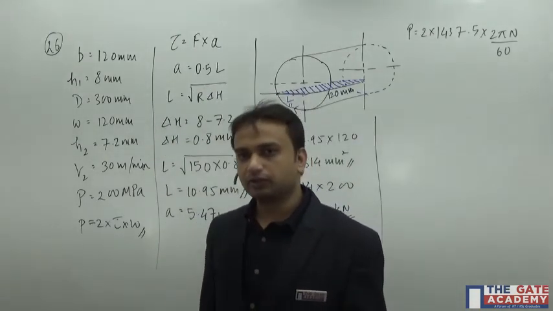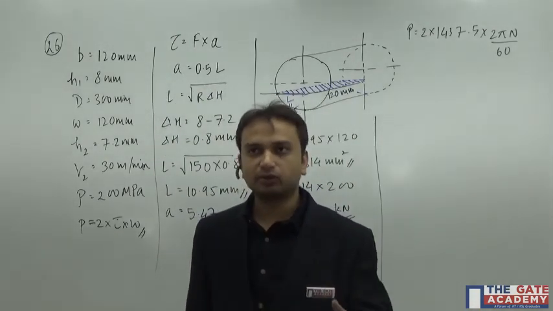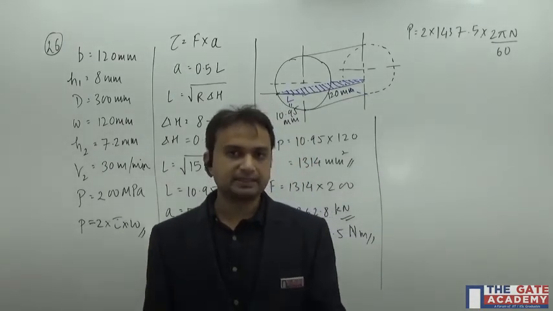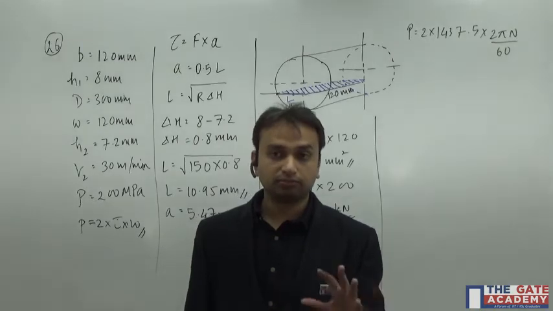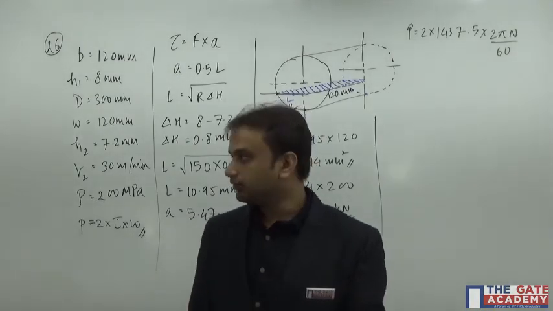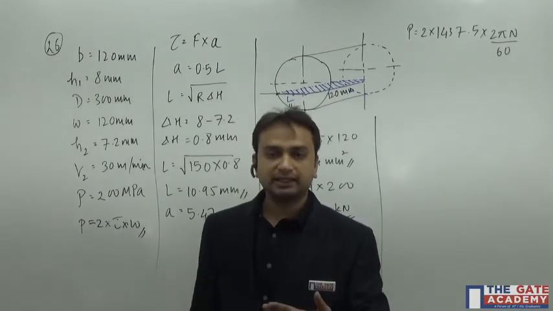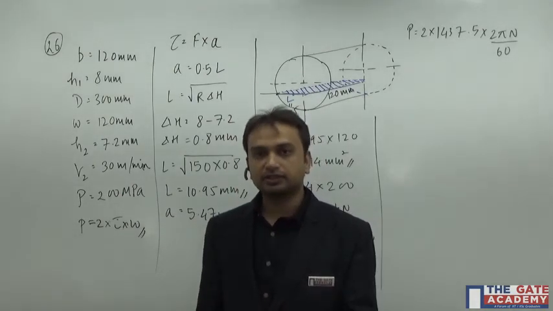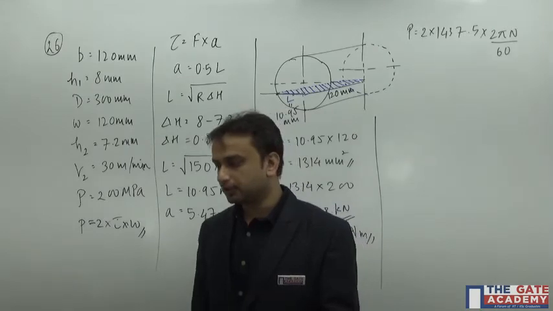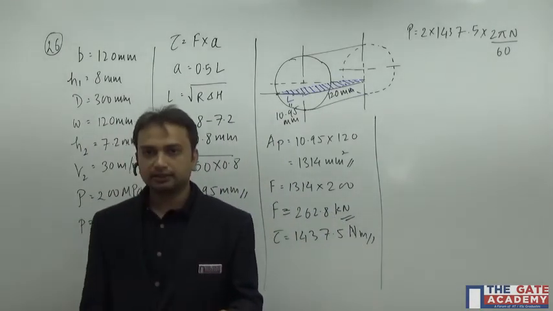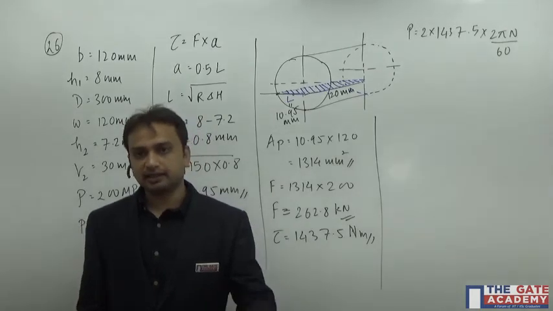And if the velocity of the rollers had been given to us, then we could have calculated n directly and we could have used it over here. Now this is something that is debatable, because we have only got v2, which is the velocity at the exit, and that too it is the velocity of the strip. Getting the point? And you know that the exit velocity is greater than the inlet velocity.